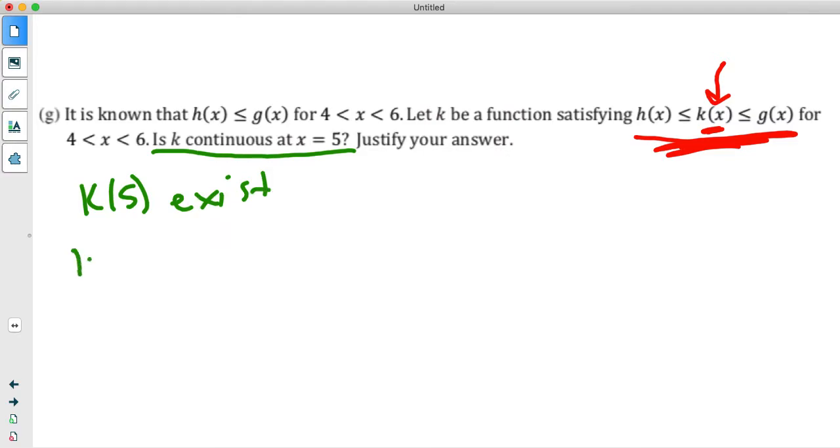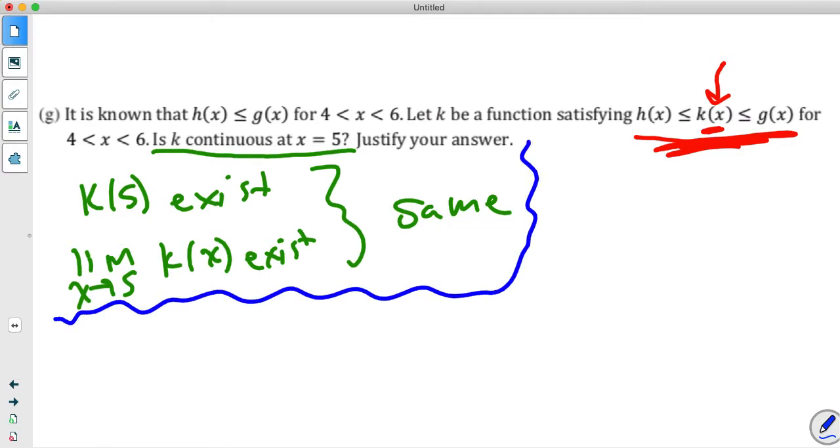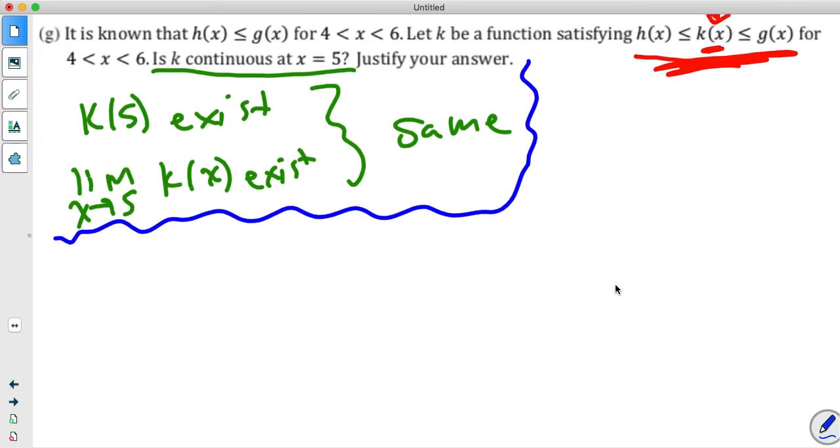And the other thing you need to know is, does the limit as x approaches 5 of k of x exist? And basically, are these two the same? Okay, so that's what we're going to try and do here. One of them is just kind of with the inequalities, and one of them is with the squeeze theorem. So, all right, that's where we're going to begin.